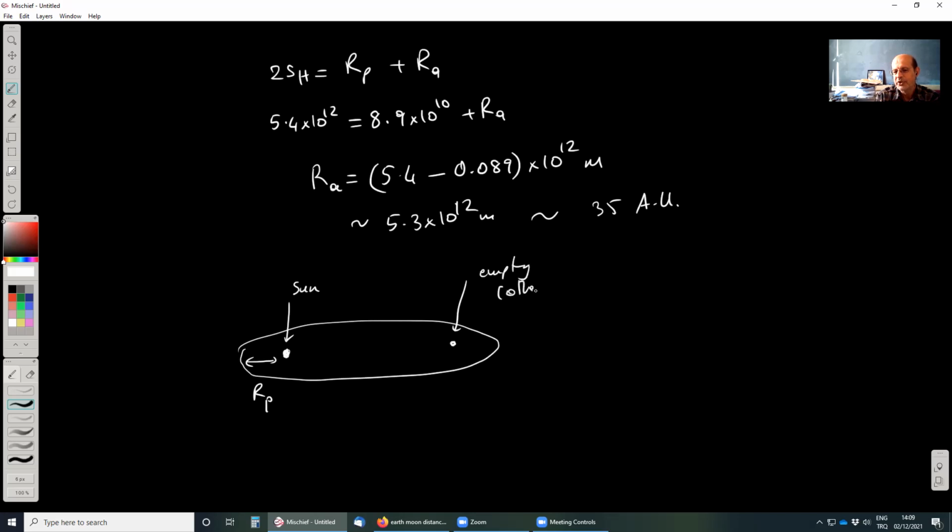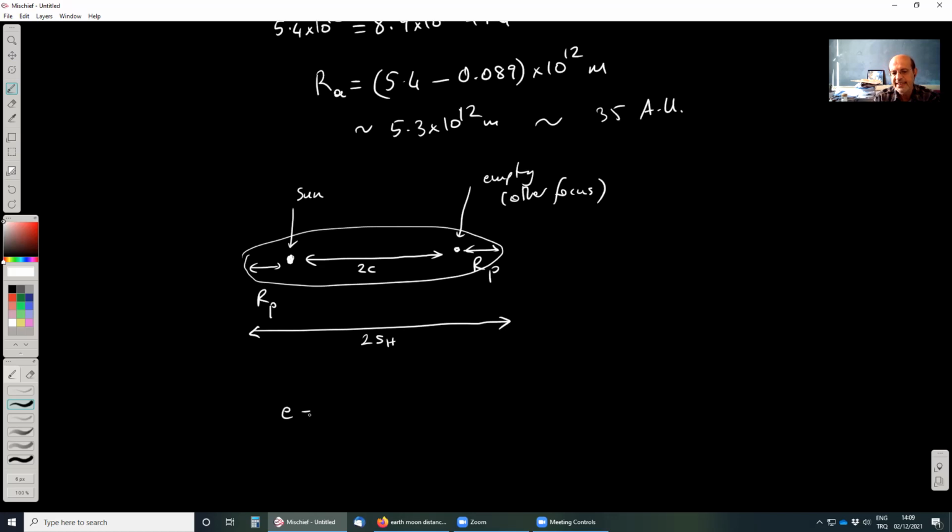Let's say other focus. And that distance is also RP. So that distance is 2C. And that distance is 2 times the semi-major axis length. And the eccentricity is equal to C divided by SH.